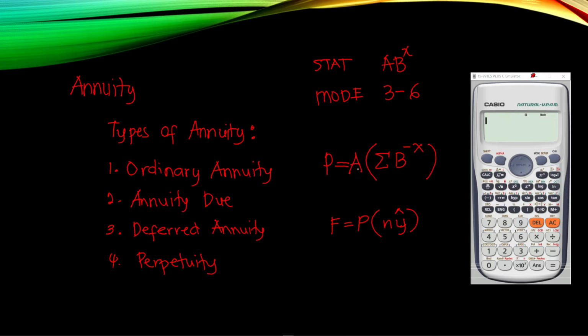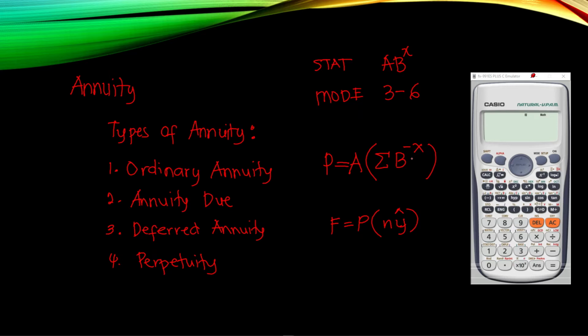Yung A is the annuity, or yun yung periodic equal payments natin. And yung summation of B raised to the power of negative X, don't worry about that one because that is just a calculator function. Nasa calc lang yan natin.